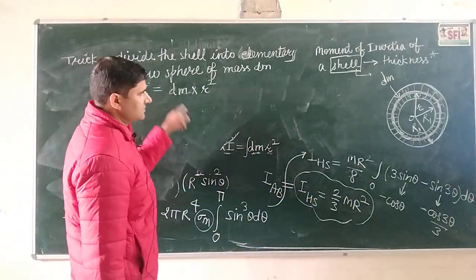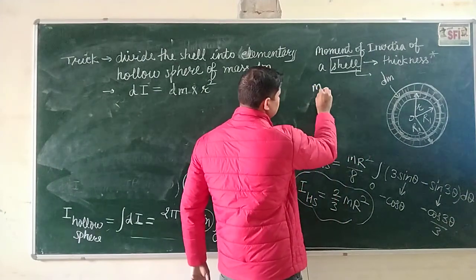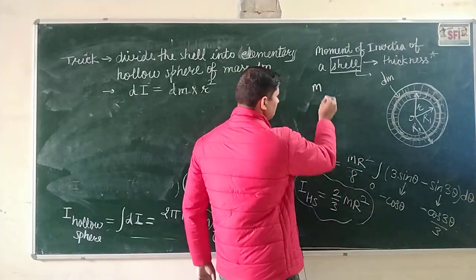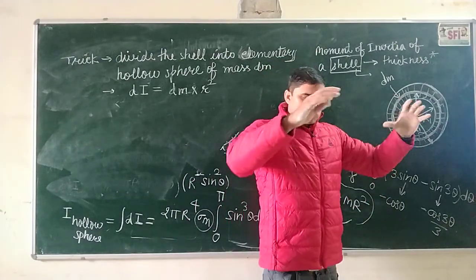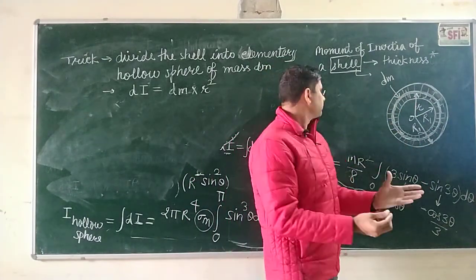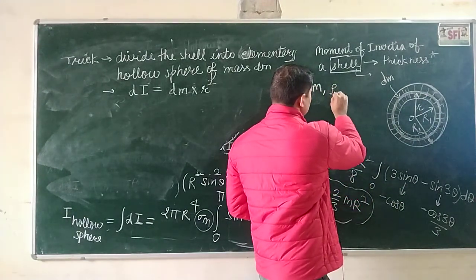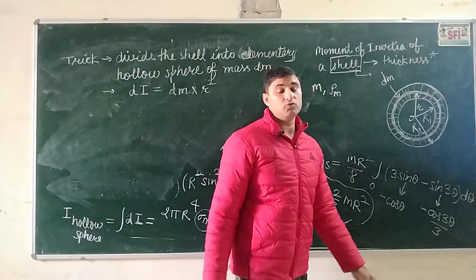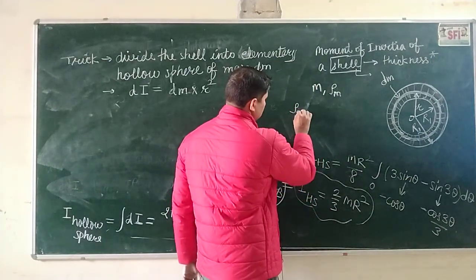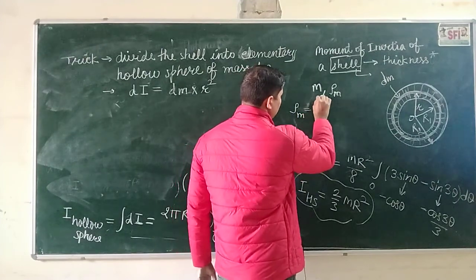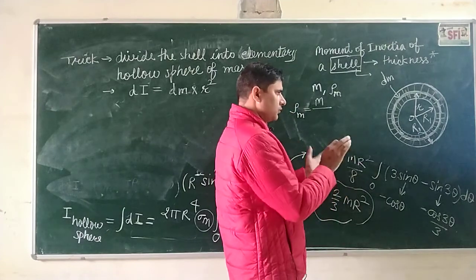Now our task is, let us suppose the mass of this shell is capital M. Okay, and you have seen here the mass is distributed over a volume, and you have to find the volume mass density. The volume mass density in this case will be equal to the mass of the shell divided by the volume.